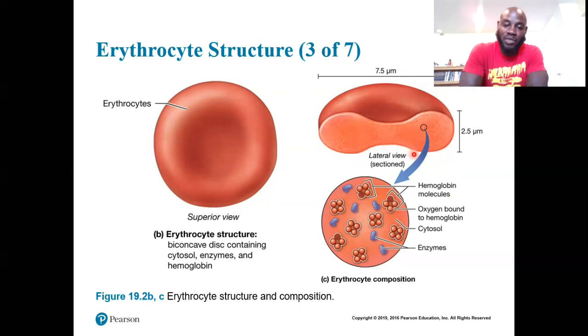That's what concave means. Concave, convex, right? So biconcave disc, and we see on the inside hemoglobin molecules. Oxygen binds to those hemoglobin. You have also cytosol and you have enzymes, right? The general structure of a red blood cell.